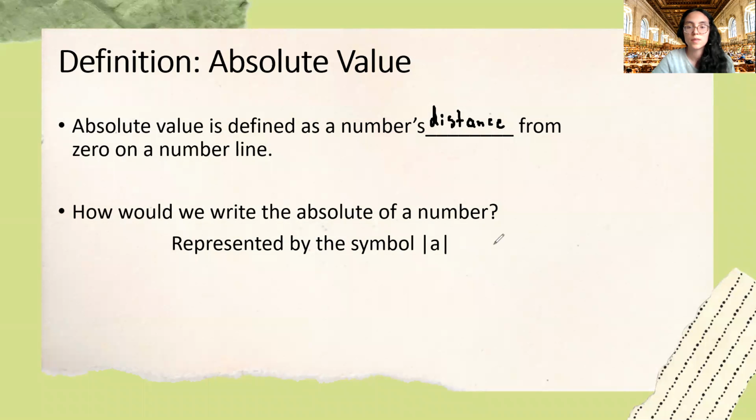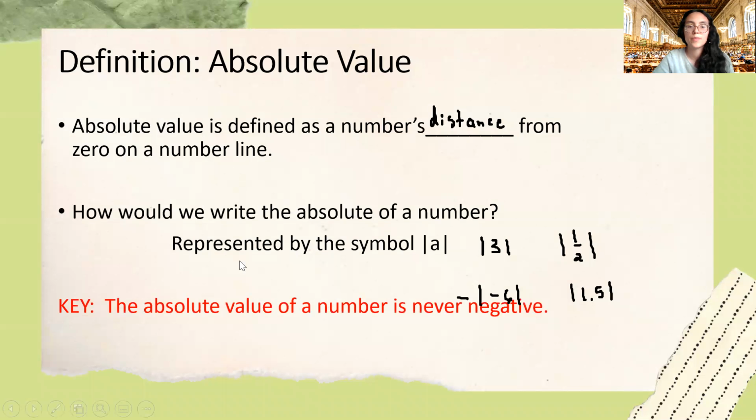It would look something like the absolute value of 3, the absolute value of a half, or maybe the absolute value of -6, the absolute value of 1.5. a can be any number. Okay? And we also have to remember that the absolute value of a number is never negative. That's something that will actually help you when we discuss our challenge question.